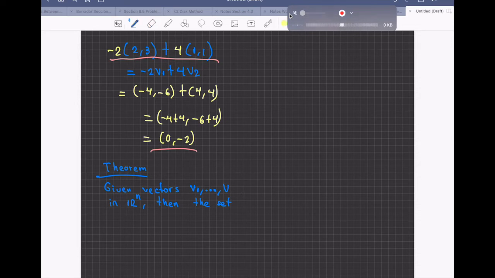So then the set of all possible linear combinations of b1 and so on up to bm is a subspace of Rn.